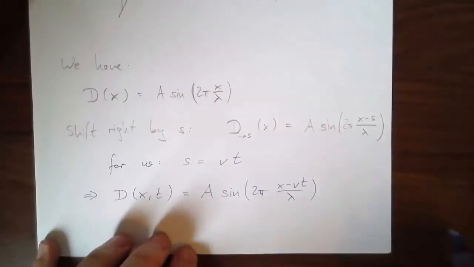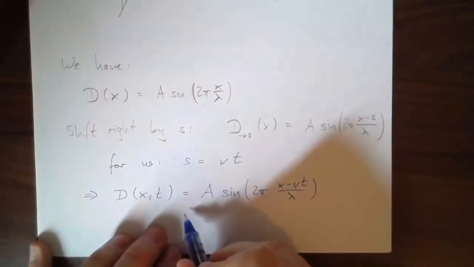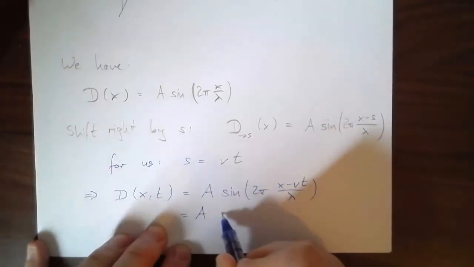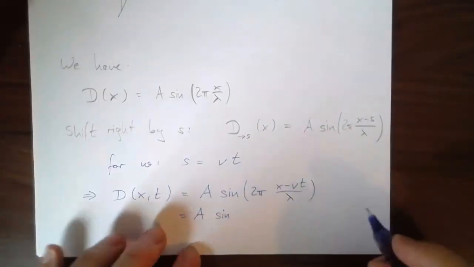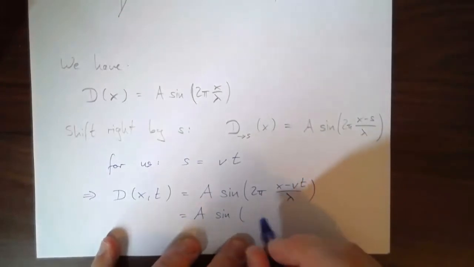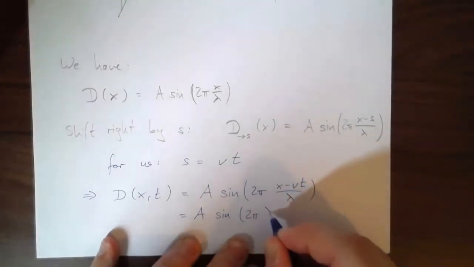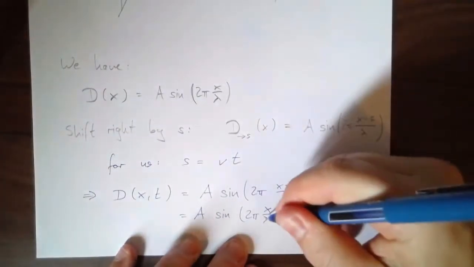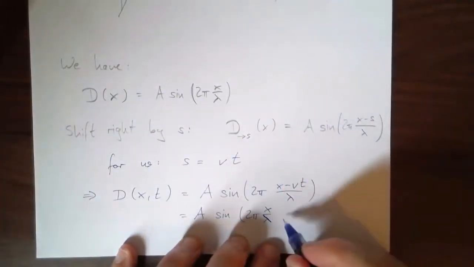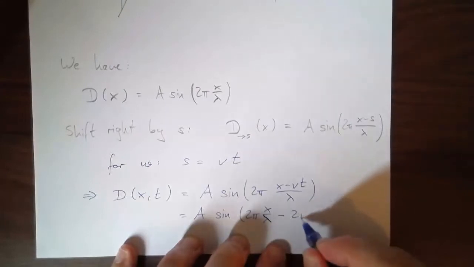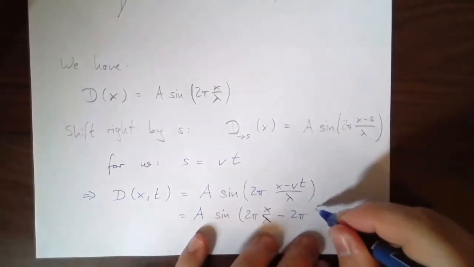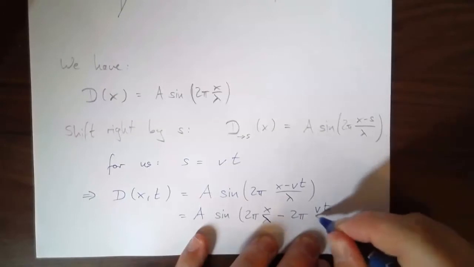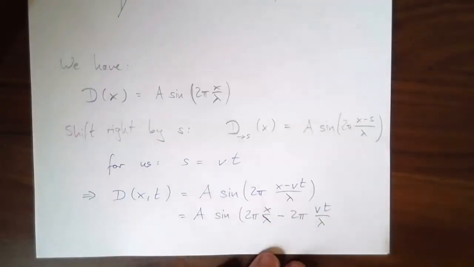I'm going to do a simplification as follows. I will write this as a sine. Let me split those up first. 2 pi x over lambda minus 2 pi vt over lambda.